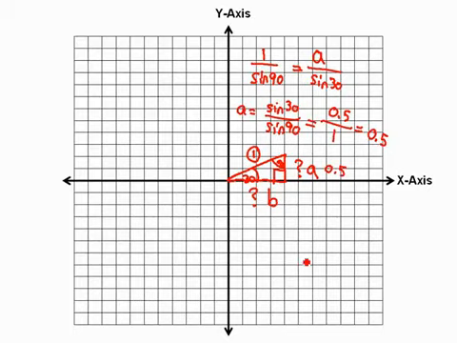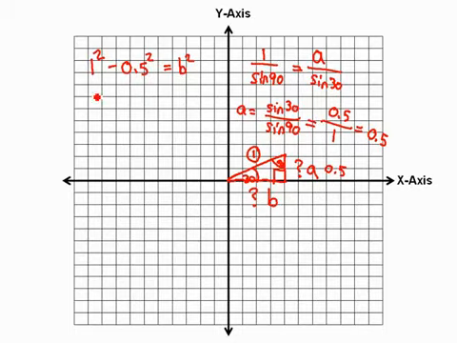Now let's say we wanted the length of the horizontal side. Once again, you can do that using the law of sines, or you can use the Pythagorean theorem. So, 1 squared minus 0.5 squared equals b squared, because 0.5 squared plus b squared is 1 squared.